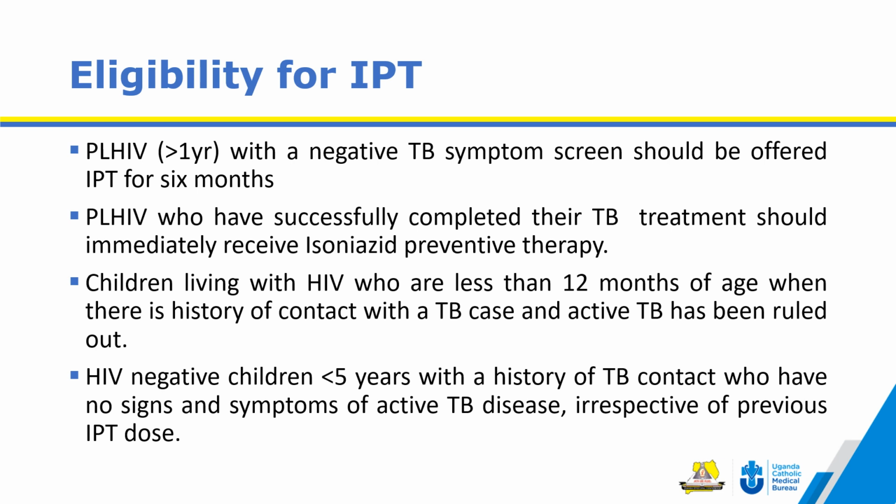Then for children under 5, irrespective of their HIV status, when they get into contact with anyone who is bacteriologically confirmed, they require a 6-month course of IPT. So to note, IPT among those who are HIV negative is only for children below 5 years of age, the under 5 contacts.